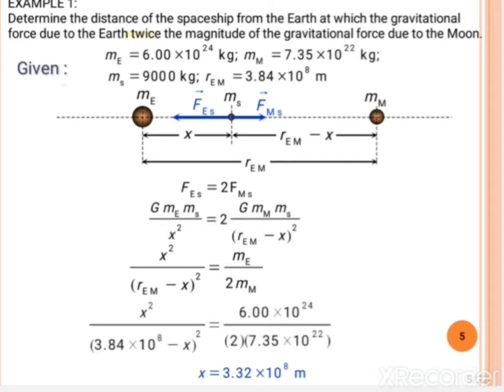Given the mass of Earth is 6 times 10 power of 24 kilogram, the mass of Moon is 7.35 times 10 power 22 kilogram, the mass of the spaceship is 9,000 kilogram, and the distance between Earth and Moon is 3.84 times 10 power of 8 meter. This is the illustration.